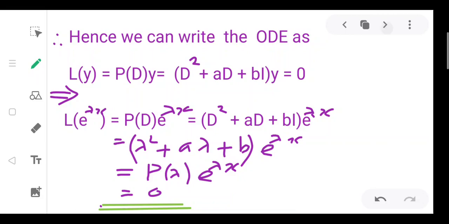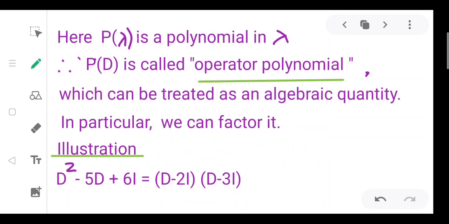Now p of lambda is a polynomial in lambda, and p of D is called the operator polynomial. What is the property of this operator polynomial? This polynomial can be treated as an algebraic quantity. That means in particular we can factor it, just like a quadratic polynomial.